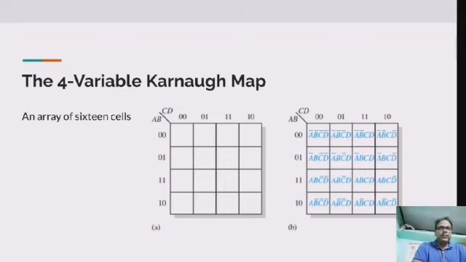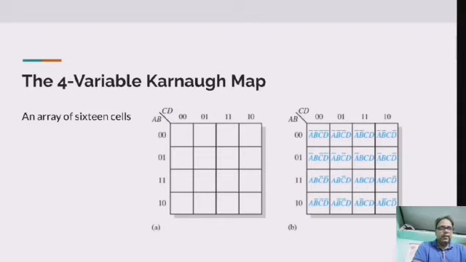For example, the cell in the upper right corner has a binary value of ABCD, that is 0 0 1 0.